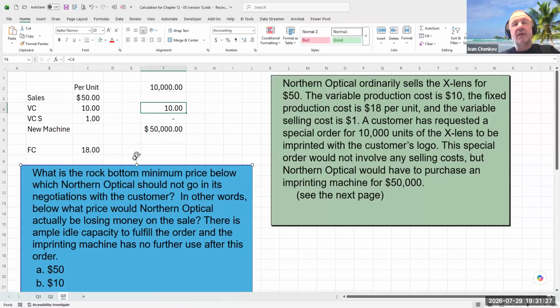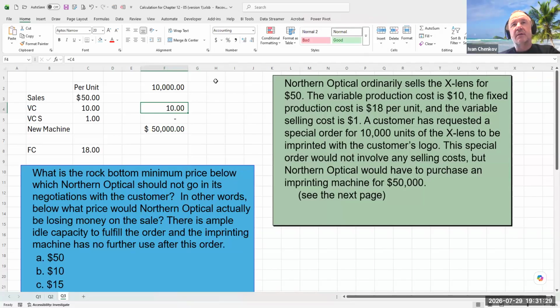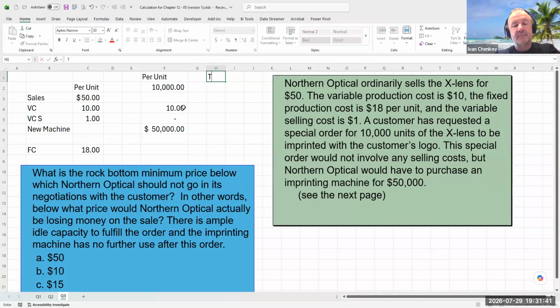First, let's think about it. If we produce those 10,000, that will be per unit here, and let's go here in total.